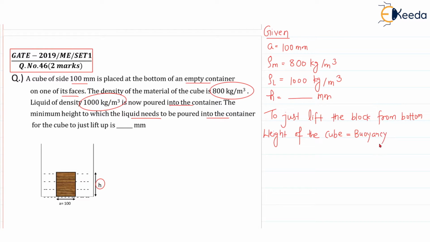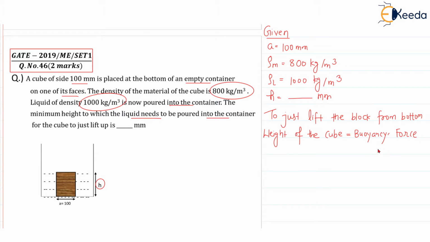When the buoyancy force is just more than the weight, the cube will start lifting up. So the minimum height of the water can be found by equating this equation. Weight of the cube should be equal to the buoyancy force.